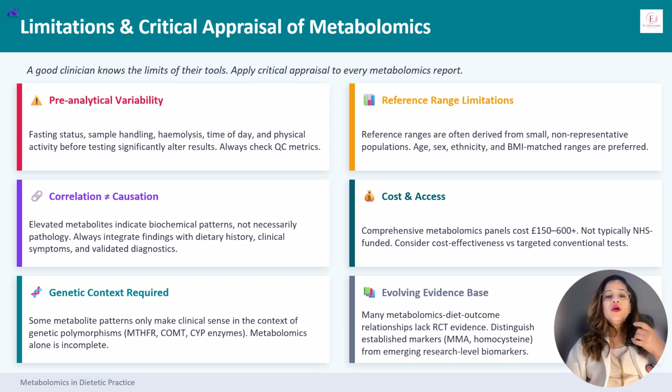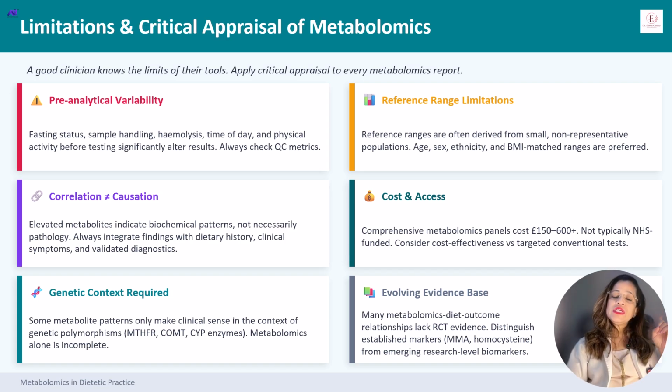Correlation is not causation. So if vitamin D metabolites in winter are insufficient, it could be because of insufficient sun exposure, dietary deficiency, or malabsorption, and metabolomics can actually distinguish these without dietary history.